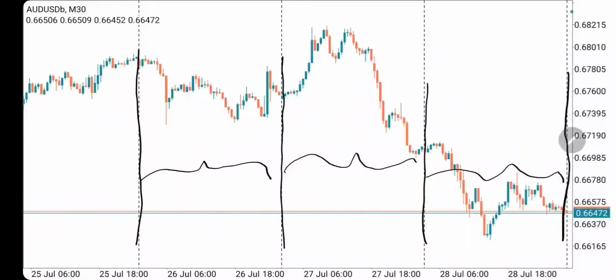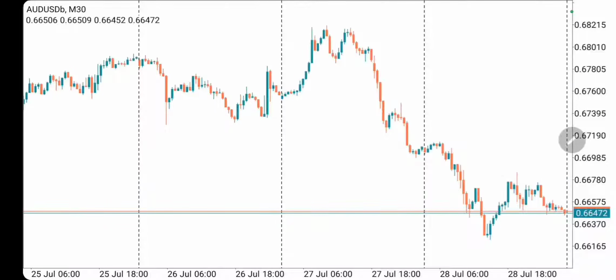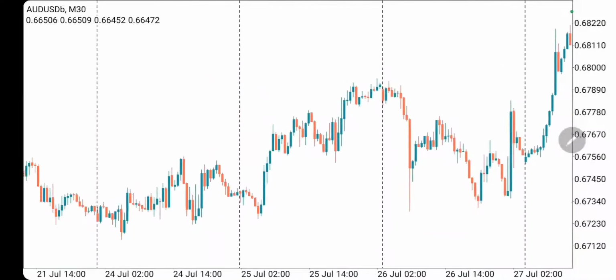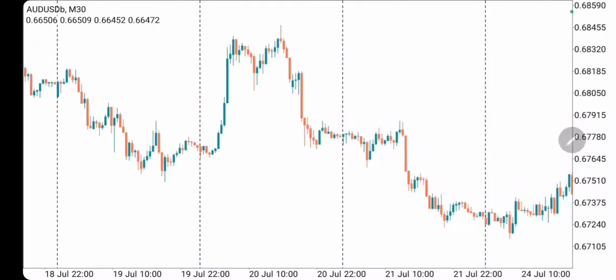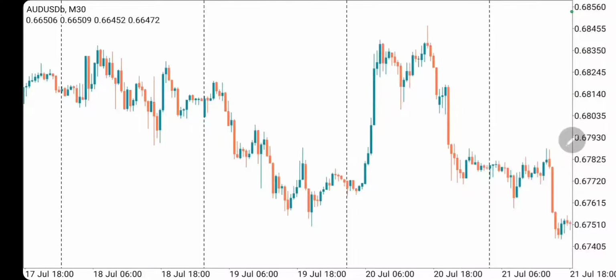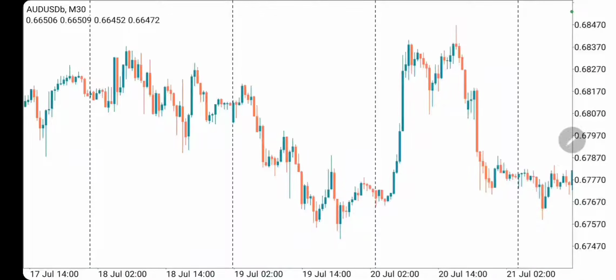All right. So how am I able to see this divider? What you need to do, you need to go to your chart. You can see my chart is divided. But when I post signals, I don't have this on my chart. This dotted line, this vertical dotted line that you can see right now.